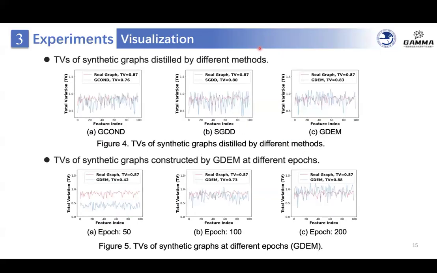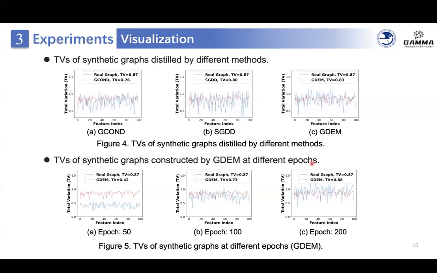And we also visualize the total variation of the synthetic graphs distilled by different methods. And we can see that the total variation distribution of the synthetic graph generated by GDEM is the closest to that of the raw graph.